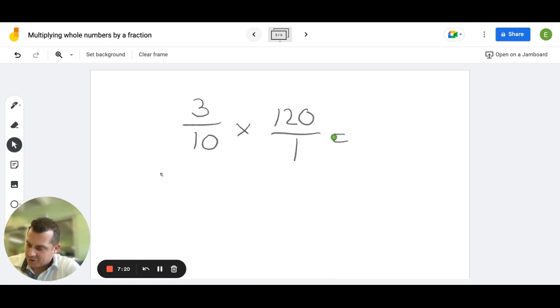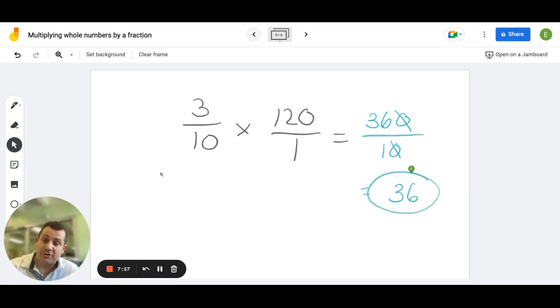I'm going to multiply straight across. 3 times 120, well, I know 3 times 12 gives me 36, add my 0, and that's 360 over. And now 10 times 1, I know is 10. So 360 divided by 10. Well, here, when I divide, I can cancel out my 10s and know that 36 divided by 1 equals 36. So 3/10 times 120 equals 36.